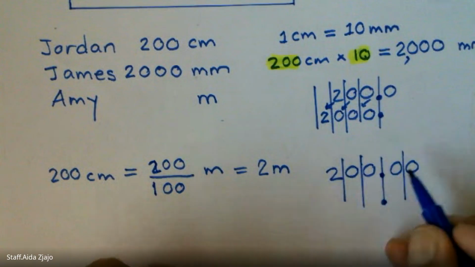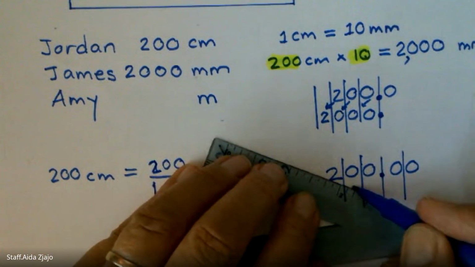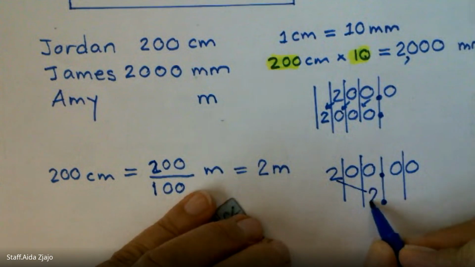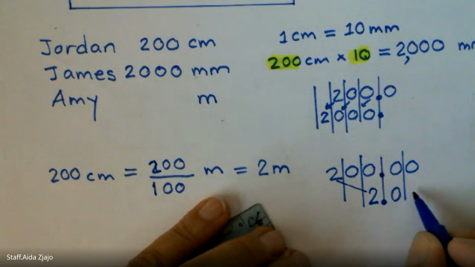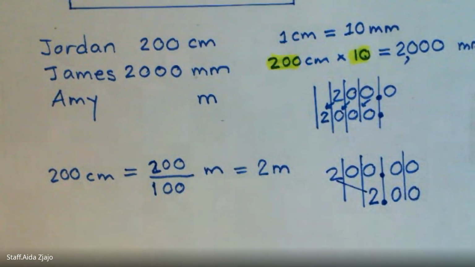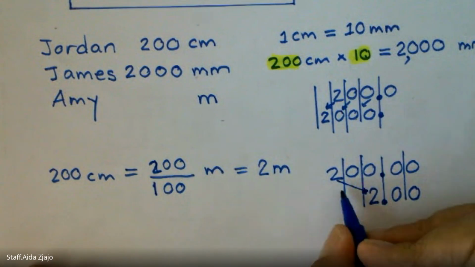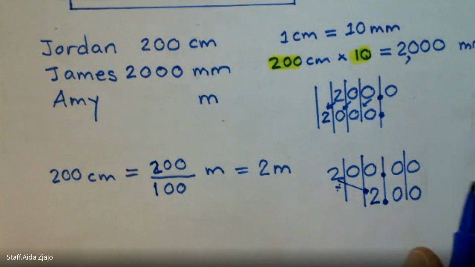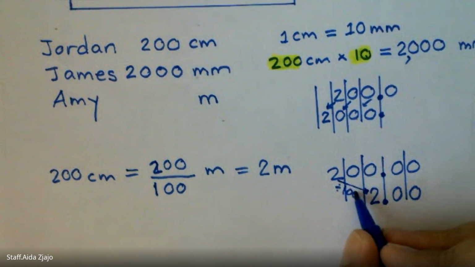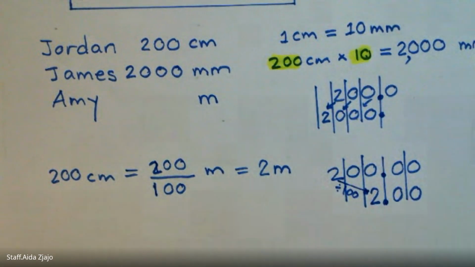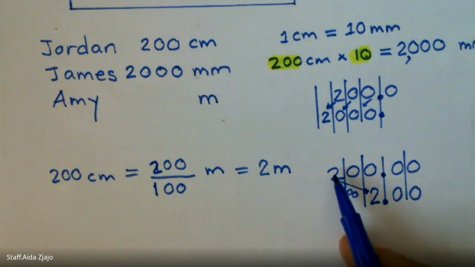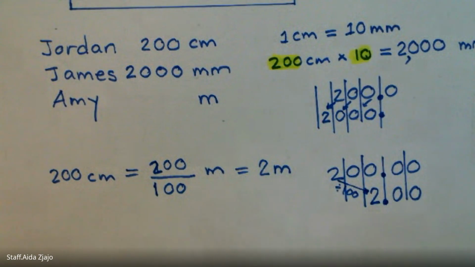It's 200, so 2 will move 2 place values and it becomes 2 meters. So this is divide by 100. Okay, so 200 divided by 100 is 2, because 2 times 100 is 200. Okay, guys, that's what it is.